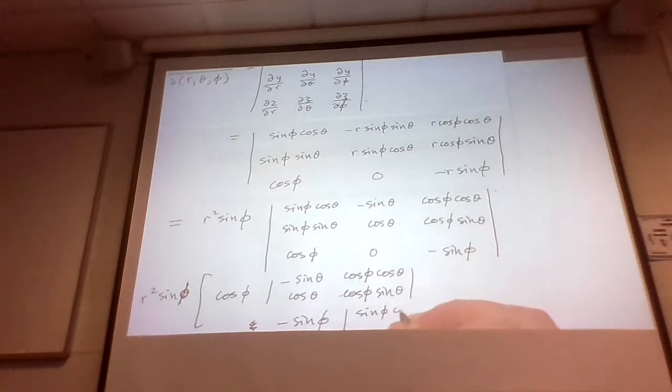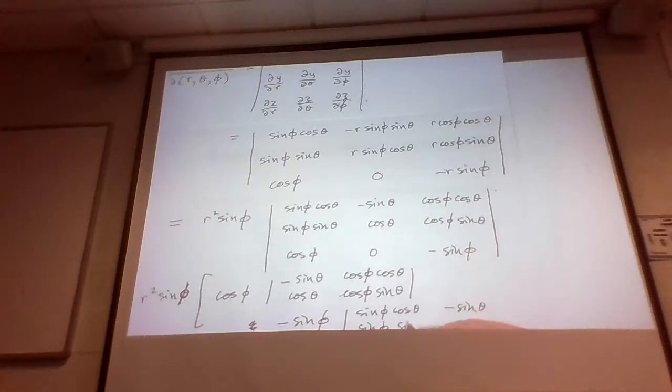So sine phi, cosine theta, minus sine theta, sine phi, sine theta, cosine theta.